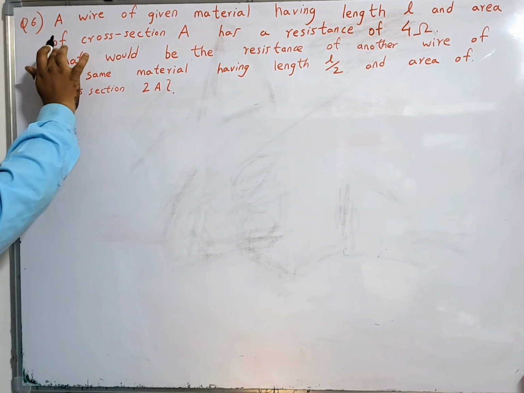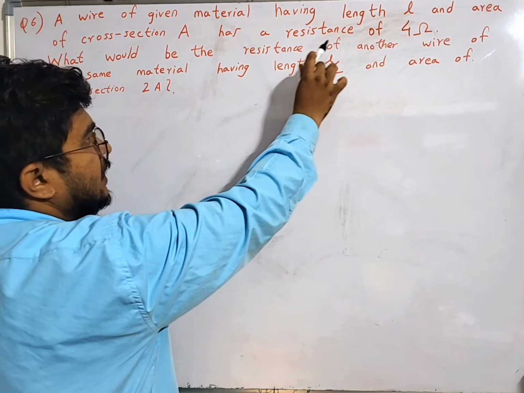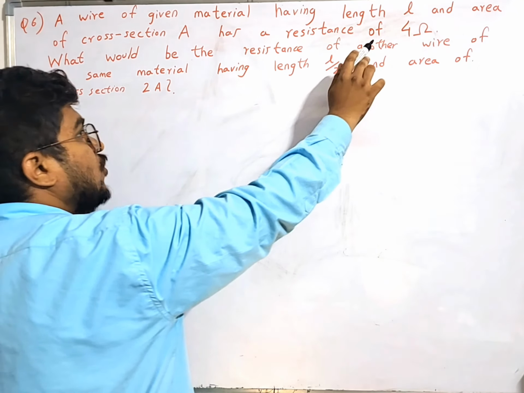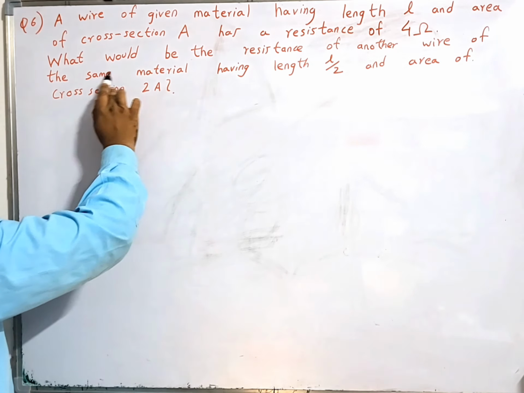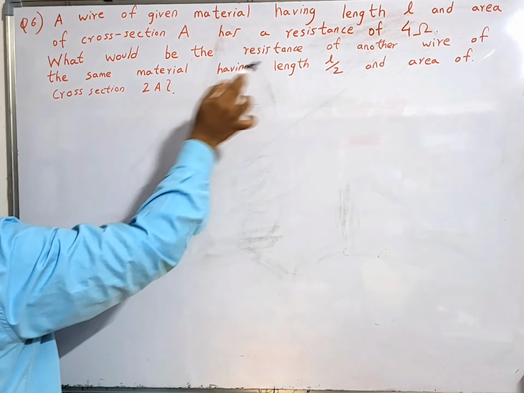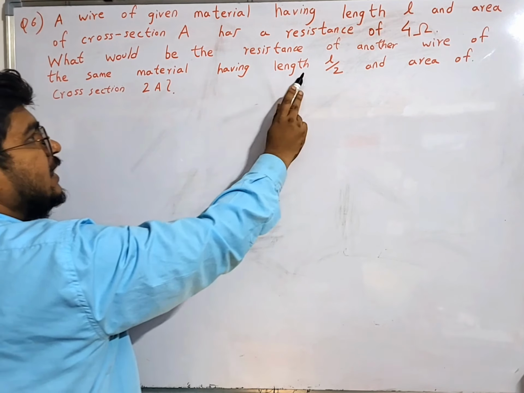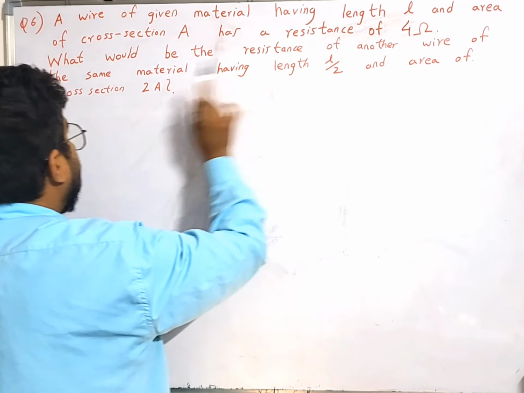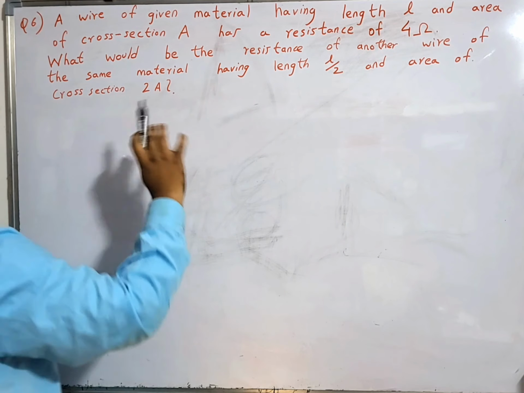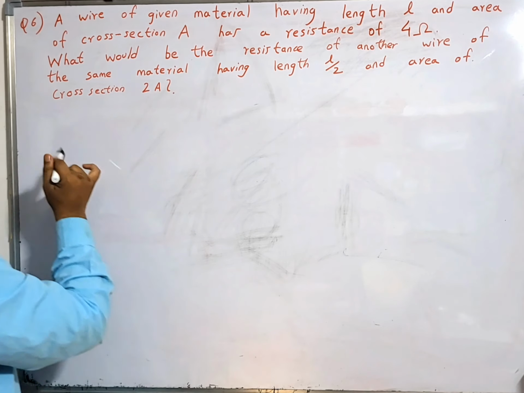Now in this question, a wire of given material having length L and area of cross section A has a resistance of 4 ohm. What would be the resistance of another wire of same material having length L by 2 and area of cross section 2A? What would be the resistance of another wire? Means what we have to find out is two different resistances.